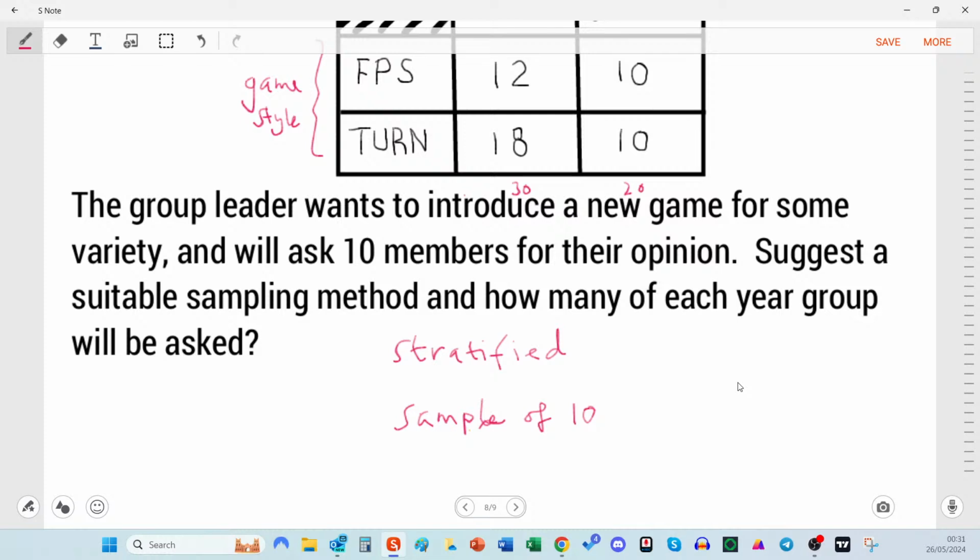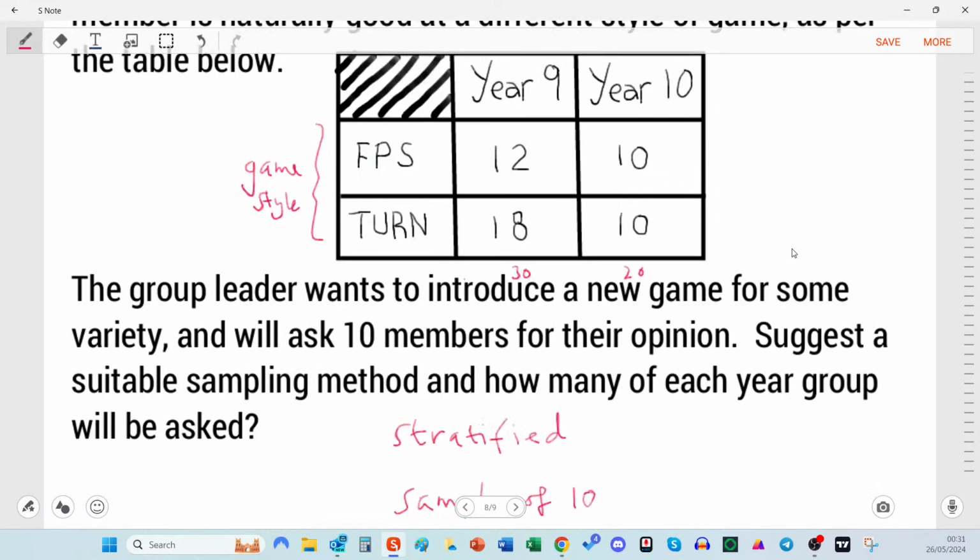Well, interestingly, we could work out how many of each, and then we'll talk about the year group. So this is the theory. We work out how many there are in total. We've already done that: we know that there's 50. And that means that all of these represent a certain fraction out of 50.